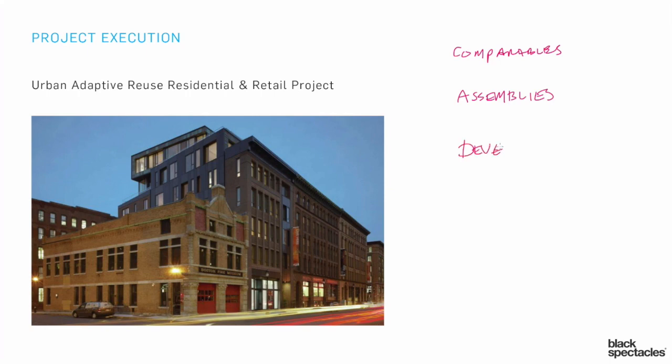So as we start thinking about how the budgeting is working, we're sort of going through roughly the same way that we were doing with any of the other projects, but there is a couple of key spots here. Remember that the way this project is working is that there's an overall developer, and that developer is doing essentially the shell and the core, which is to say the sort of big base building, the elevator core, the kind of main mechanical shafts, fixing the exterior of the building, adding the extra space on the roof, making really nice roofs, fixing everything up, putting the storefronts in, all of that kind of sort of the base aspects of the building.